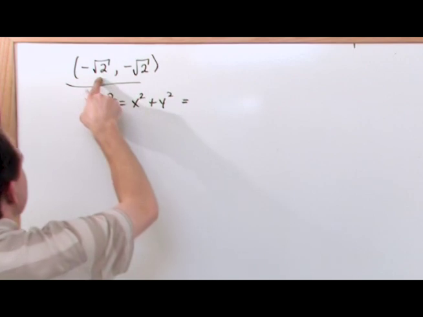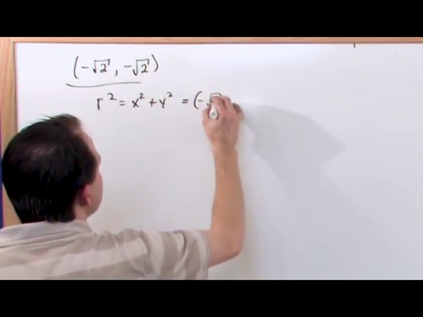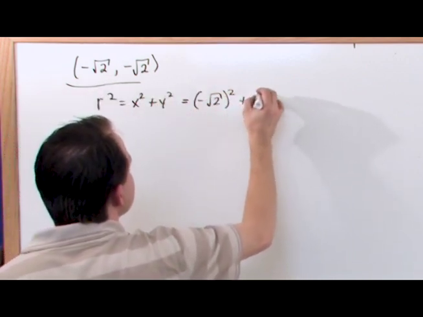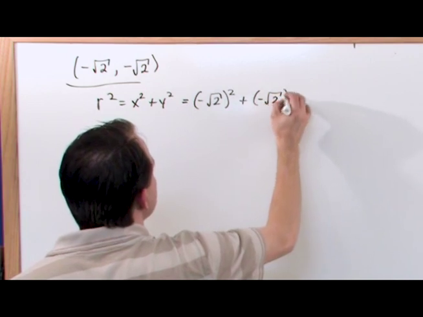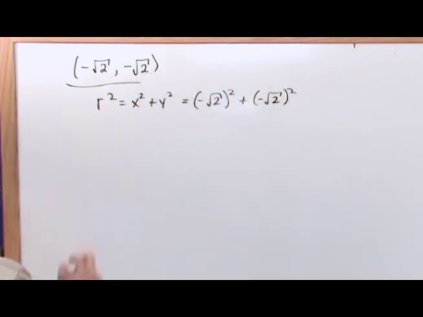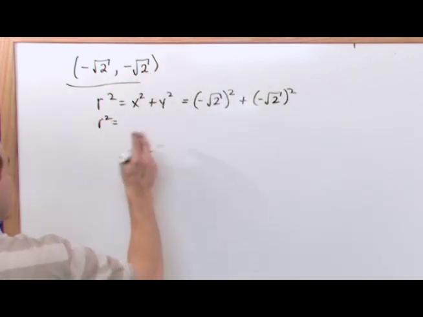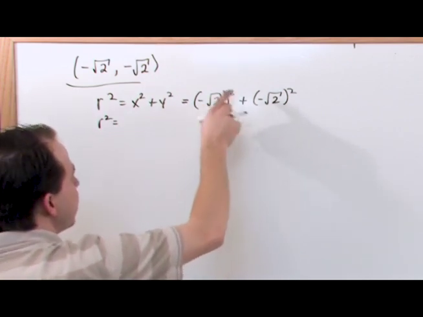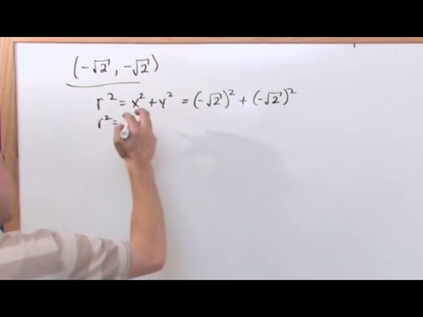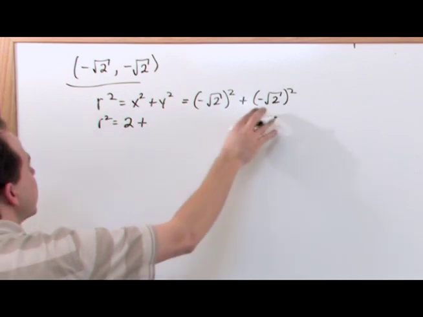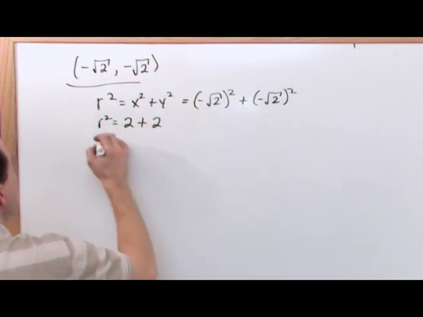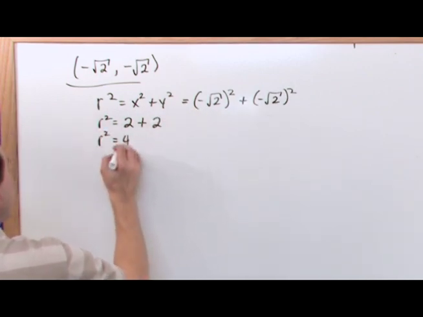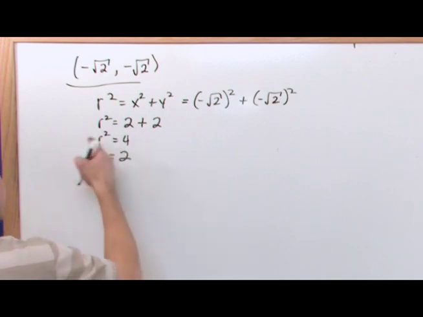So this is equal to negative square root of 2 squared plus negative square root of 2 squared, because here's y. So r squared is equal to, negative times negative gives me positive, square root of 2 squared is just positive 2, plus the same thing here, positive 2. r squared is equal to 4, and then r is equal to 2, taking the square root of both sides.